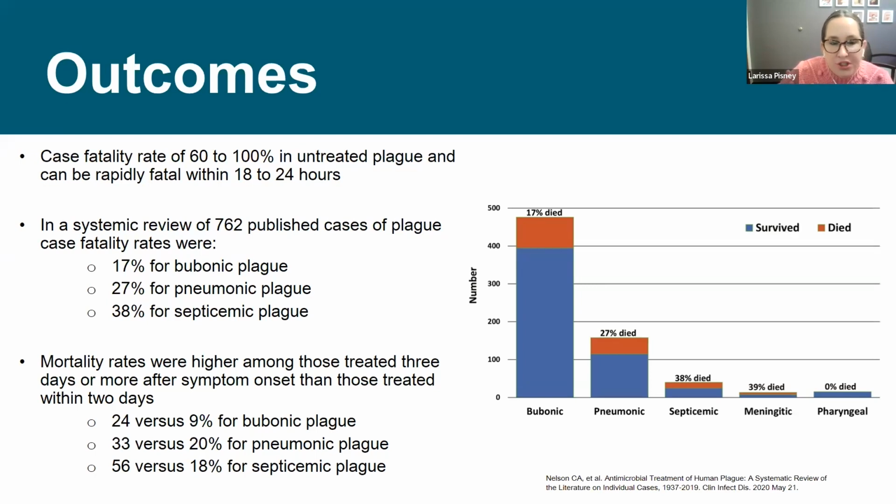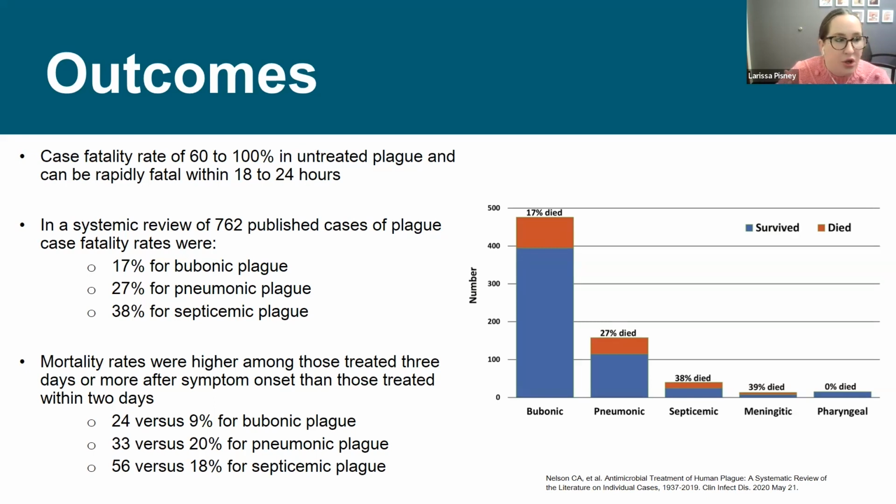In one of the largest systematic reviews published of 762 cases of plague, case fatality rates for patients that were placed on treatment, and this is all comers, was 17% for bubonic plague, 27% for pneumonic plague, and 38% for septicemic plague.